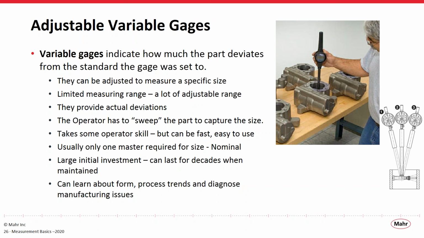And these do not require a very large investment, and they're gauges that have been around for decades when taken care of properly. By measuring multiple diameters on a dimension, you can get a general idea about what the form or process trend might be and help diagnose manufacturing issues.